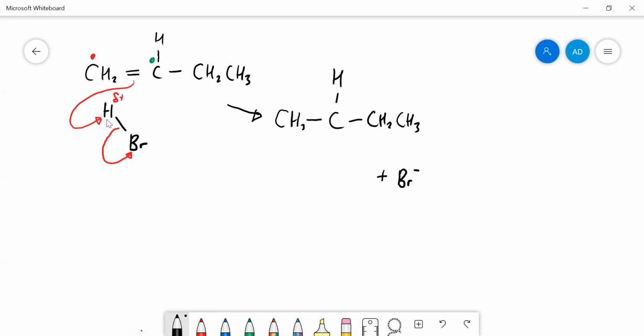That bromine has taken both the electrons from that bond. So if this was neutral and this was neutral, and you make something which is minus, that means that the other thing has got to be a plus. Okay, and you've got a plus there on that carbon, and if you remember, this is called a carbocation.